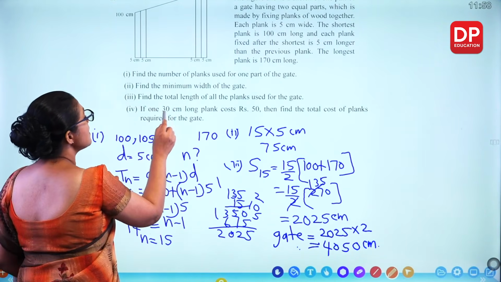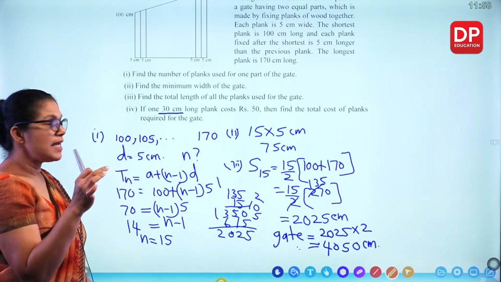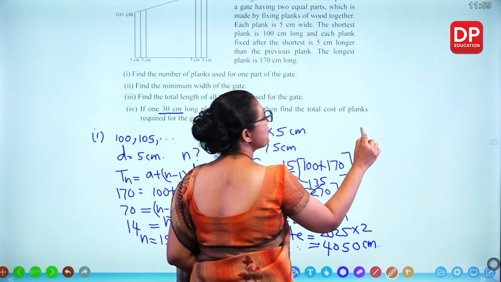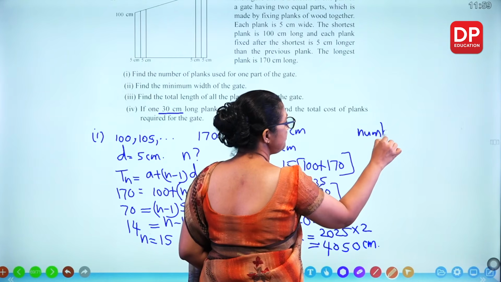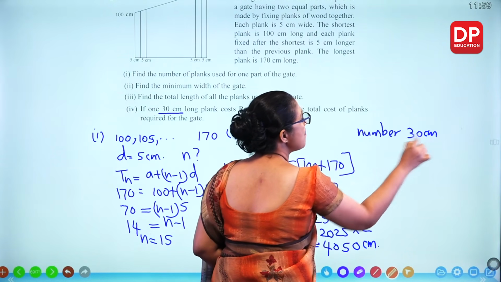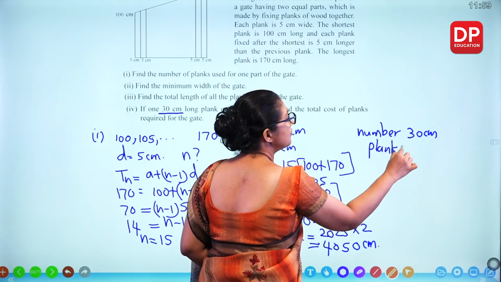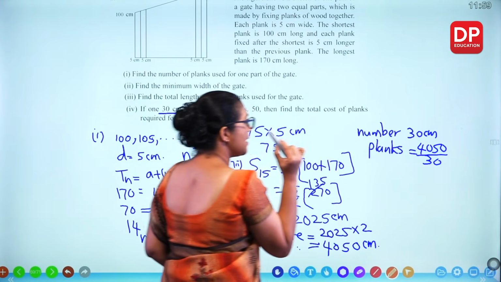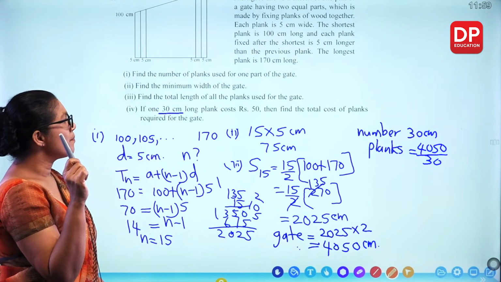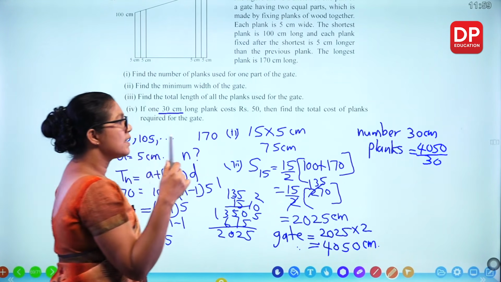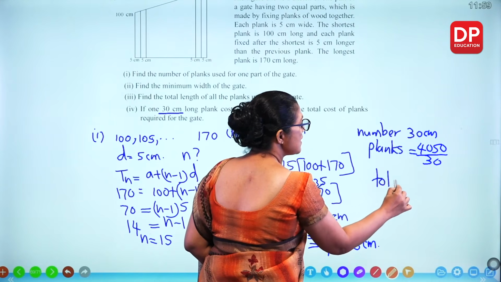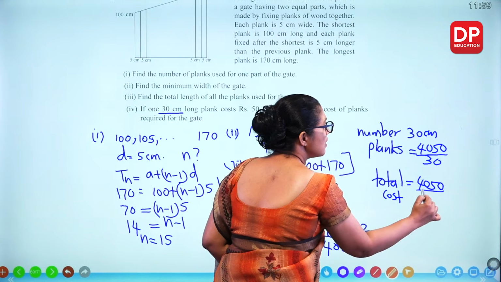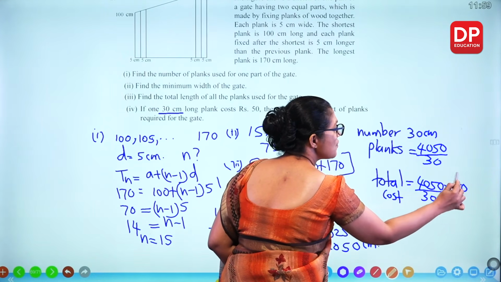Then it says they are dividing into 30 centimeter planks. So how many 30 centimeter planks are there? Number of 30 centimeter planks. You take that amount and divide by 30, and each one costs 50 rupees. So what's the total amount? Total cost is this amount multiplied by 50.